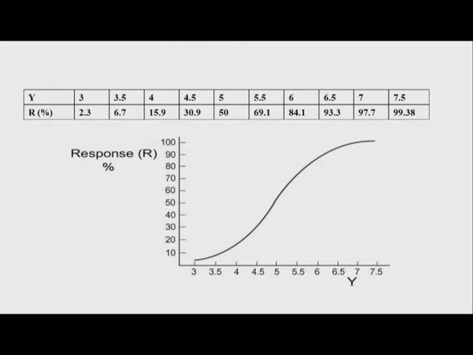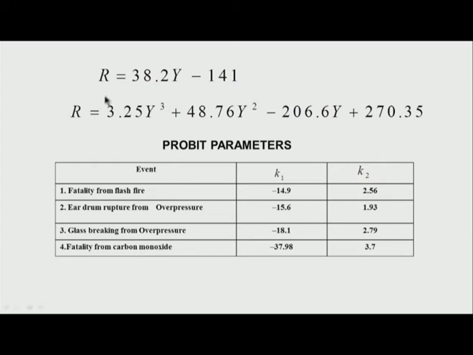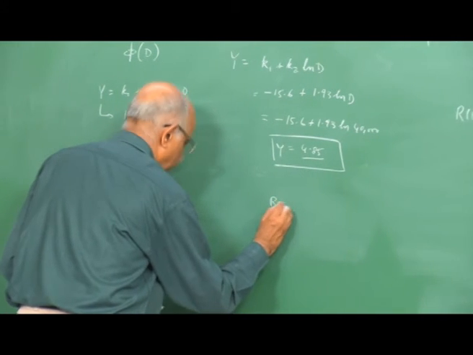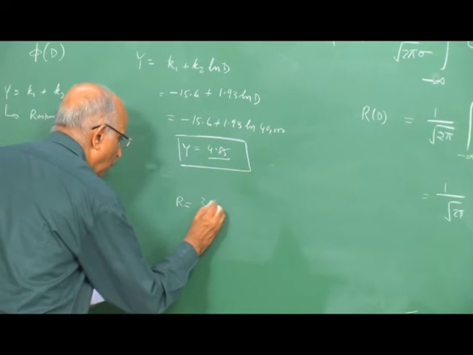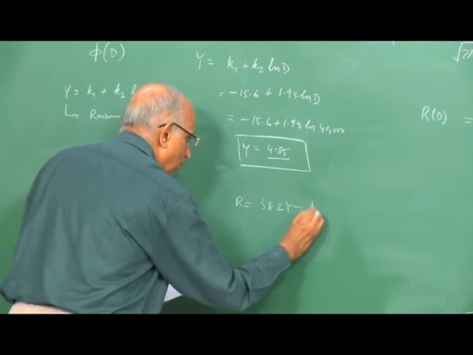Let us take a look at this slide. When we have something like 4.85, we had maybe 50% of the people. Therefore, I look at this probit and say that around 50% of the people get affected. Or, since I am on the linear curve, I can also use the linear relation. I can write the response r is equal to 38.2y minus 141.